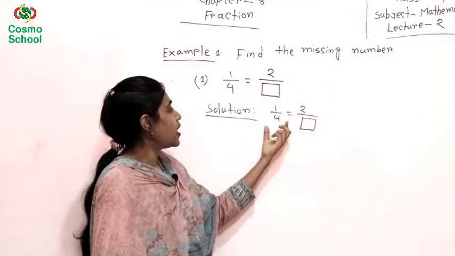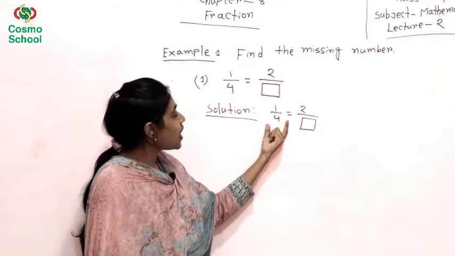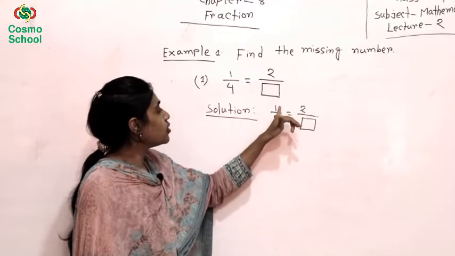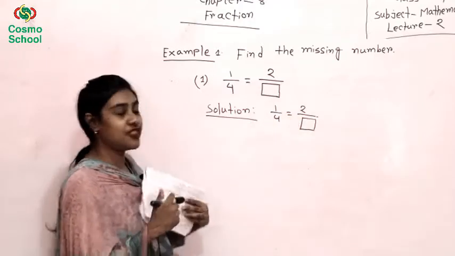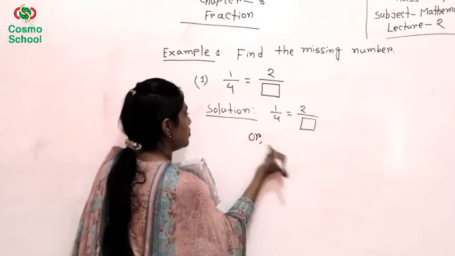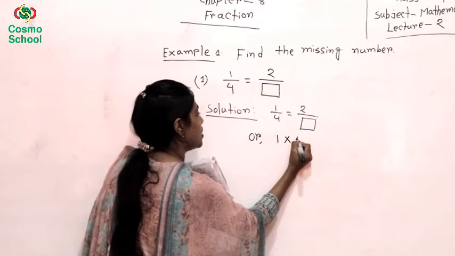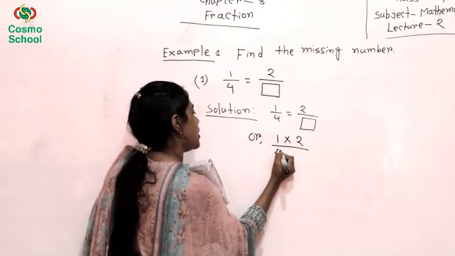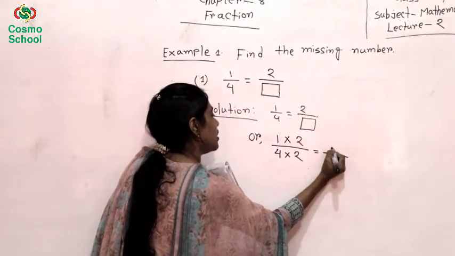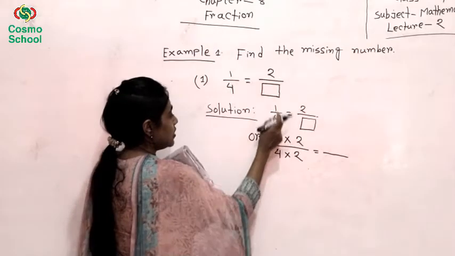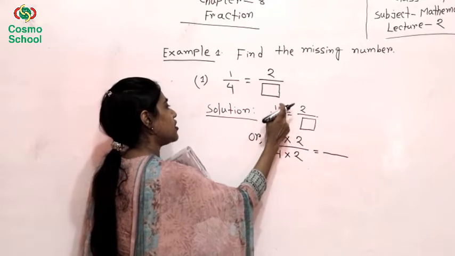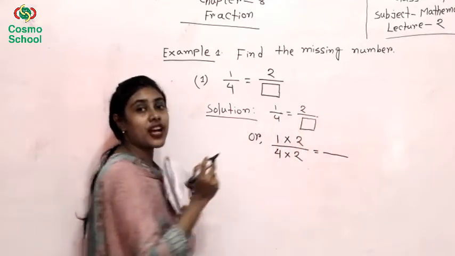So I have to multiply the same number in both numerator and denominator in the first fraction number, and that is 1 is multiplying 2 and denominator 4 is multiplying 2, because this numerator and denominator is the same as the second fraction number.